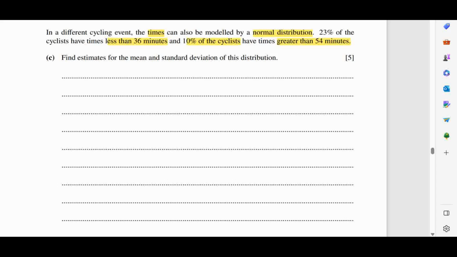Okay, now here we can see that probability is given to us. Time is the random variable x, which means probability of x less than 36 is 0.23, and probability that x is greater than 54 is 0.10.